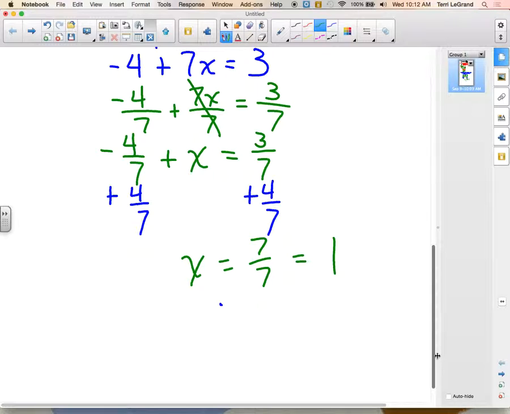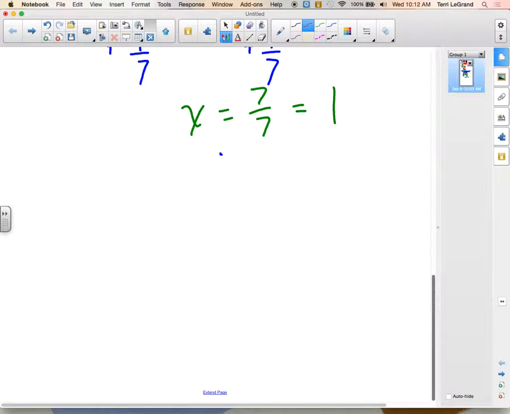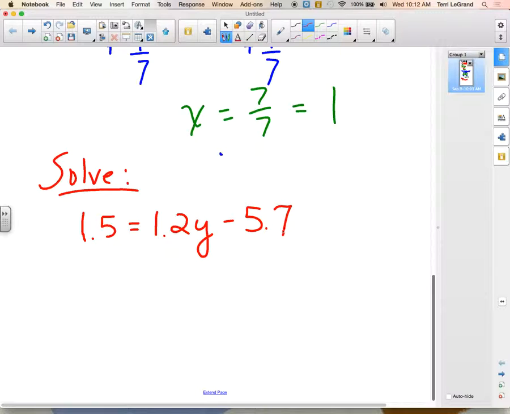So, any questions? Okay, I'm going to give you one to solve on your own now. So let me get it so I have enough paper here. So solve the following. I want you to solve a decimal one. Okay, and you decide how you're going to solve it.